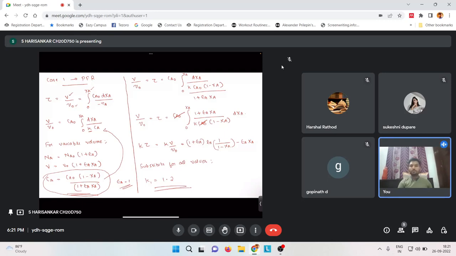Now we rearrange and integrate, and this integration becomes K tau, or K V by nu 0, which is equal to (1 plus epsilon A) into ln 1 by (1 minus XA), minus epsilon A XA.